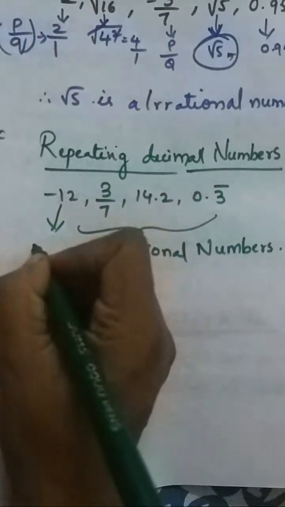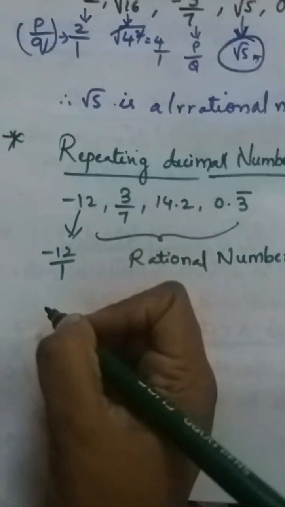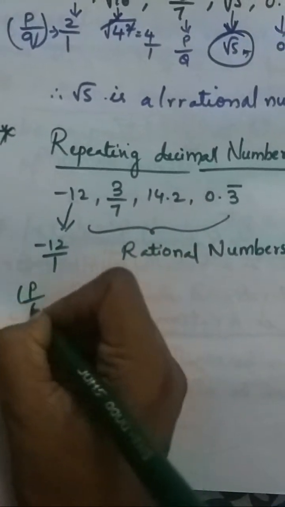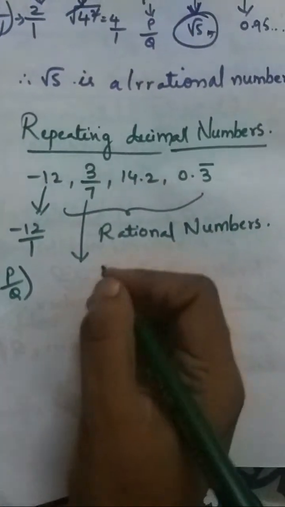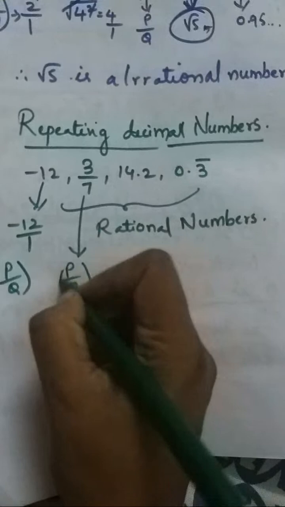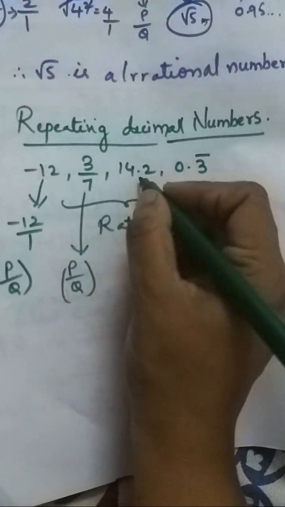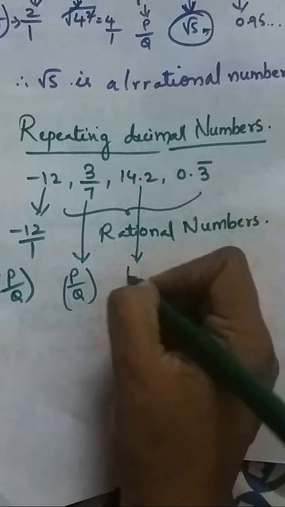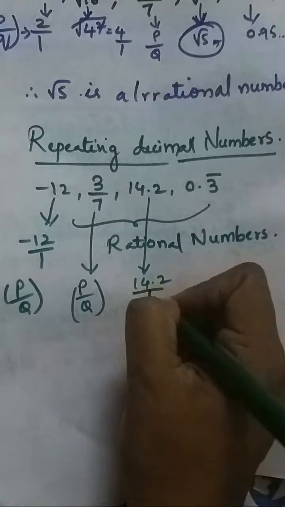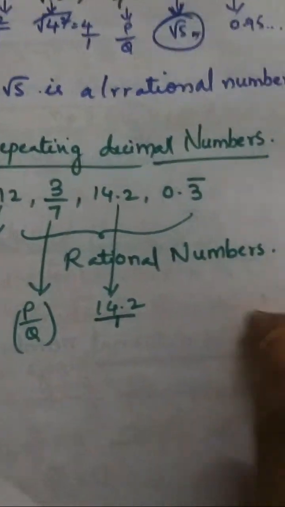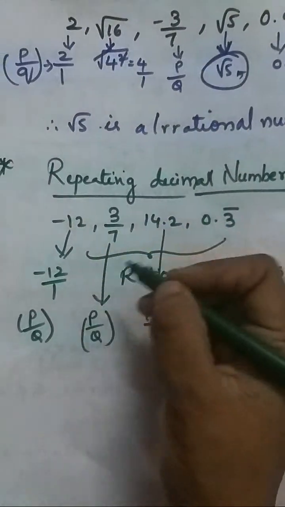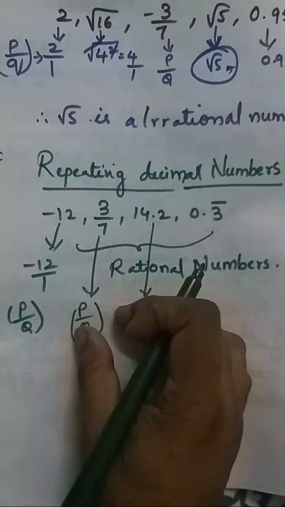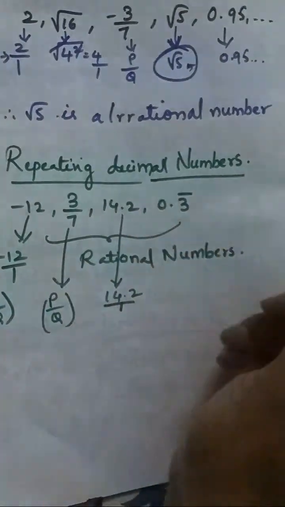Because minus 12 by 1 can be written in the form of p by q form, and 3 by 7, this is also p by q form, it is a rational number. And 14.2 can also be written in the form of 14.2 by 1. Okay. If a number is written in the p by q form, the number is called a rational number.